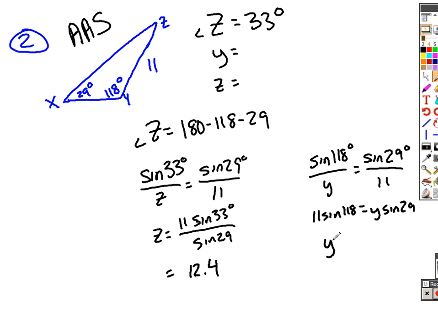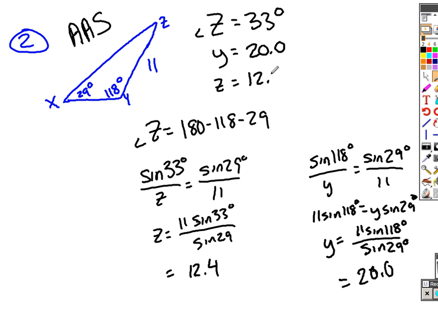That means y will equal 11 sine 118 over sine of 29. Remember, in both of these, the sine of 29 must stay together. When I divide, that's why both came down. Same over here. Sine of 29 has to stay together. That's why that gets divided. In this case, I get y equals 20.0. So y is 20.0, z is 12.4.